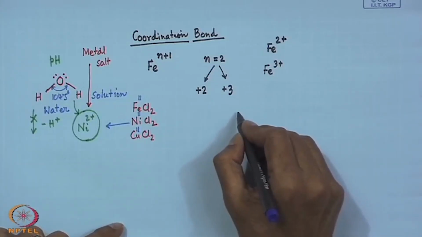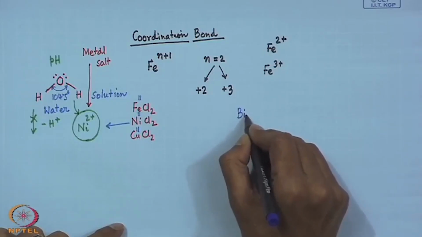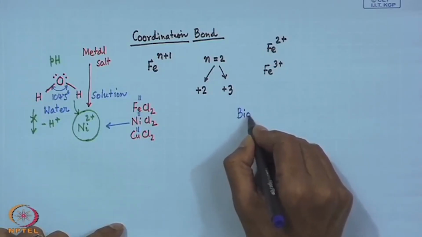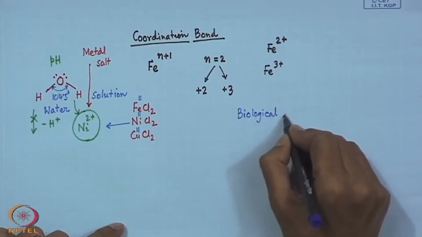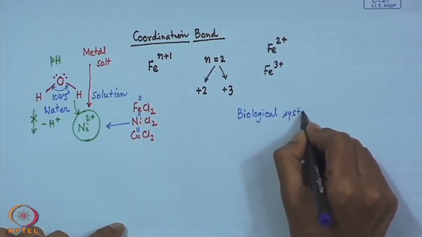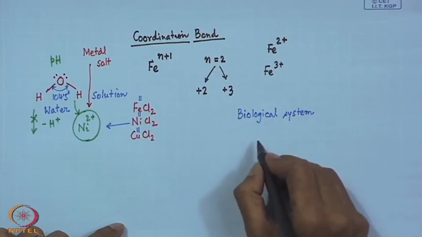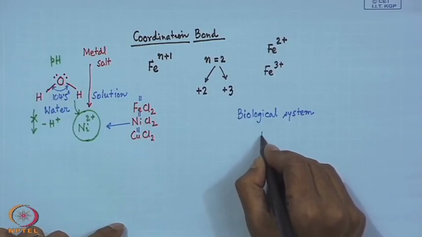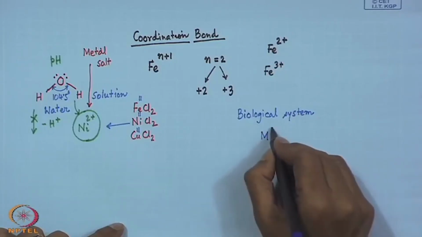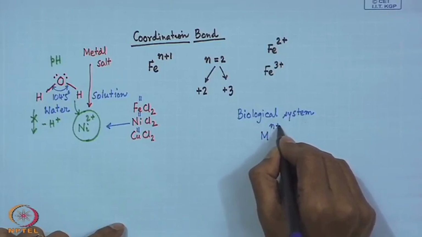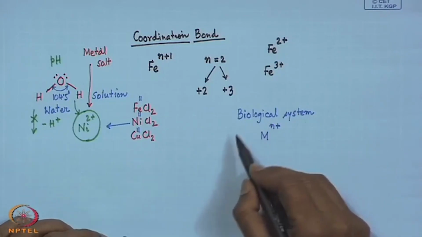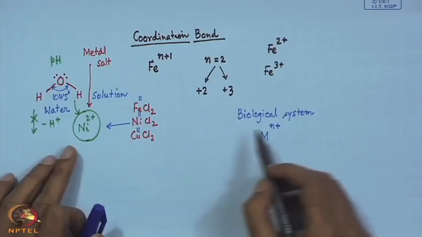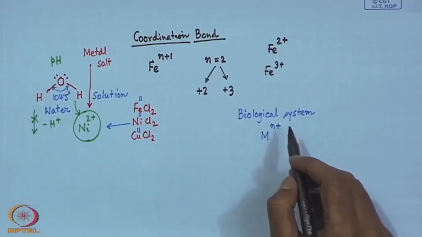Similarly, in any biological system, any living organism, even in our body, if we have a metal center present, say M in some oxidation state, n can be 2, 3 or anything. In a biological system, the environment is very much related to the water environment.